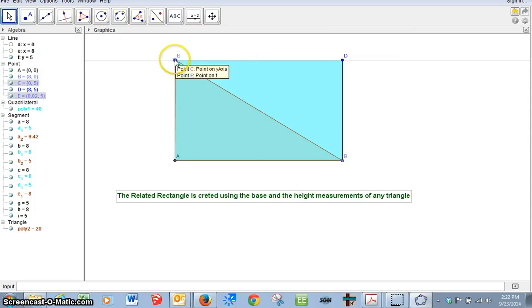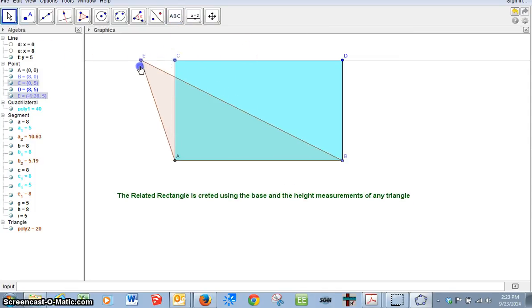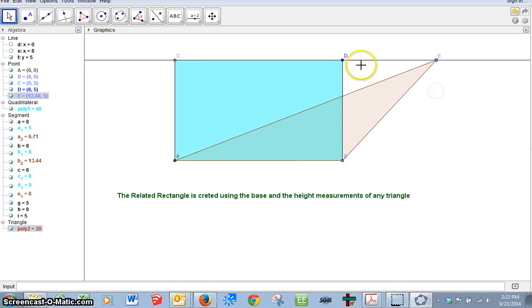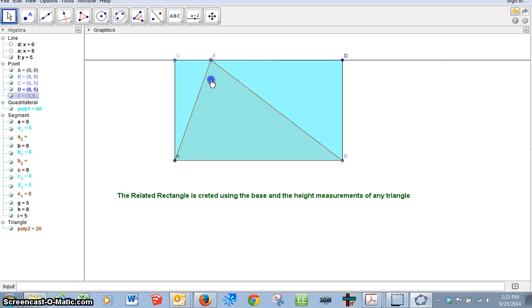Now, this GeoGebra illustration will let me move point E along the line containing segment CD. And here, both DB and CA, because they're rectangles, have the same length, and AB remains the static base length.